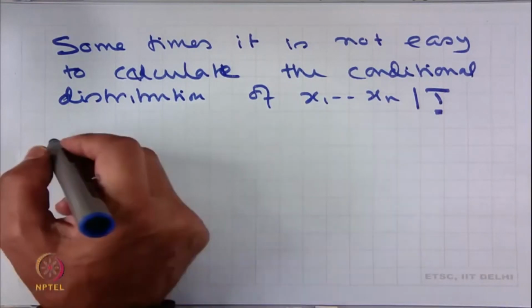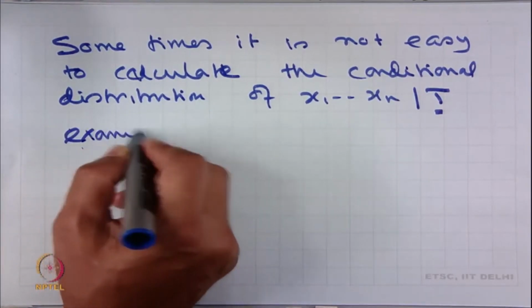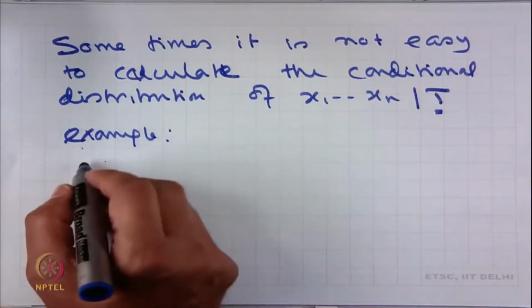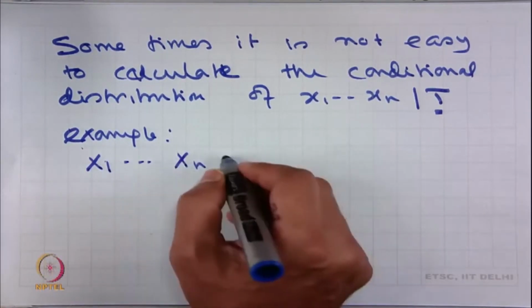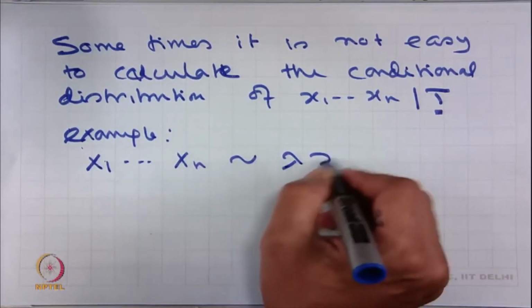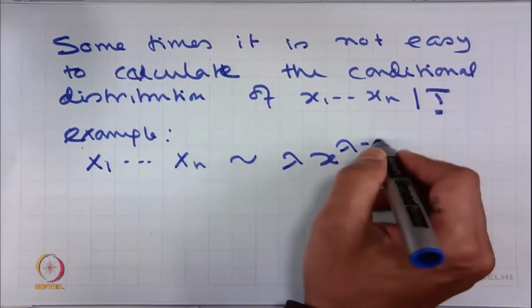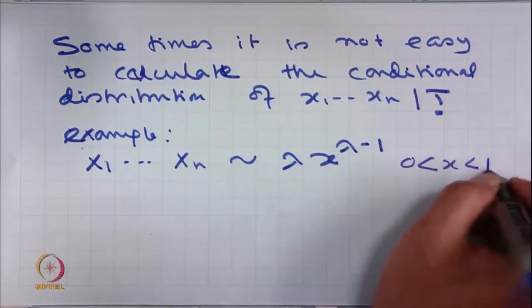For example, x1, x2, xn are from lambda x to the power lambda minus 1, 0 less than x less than 1.